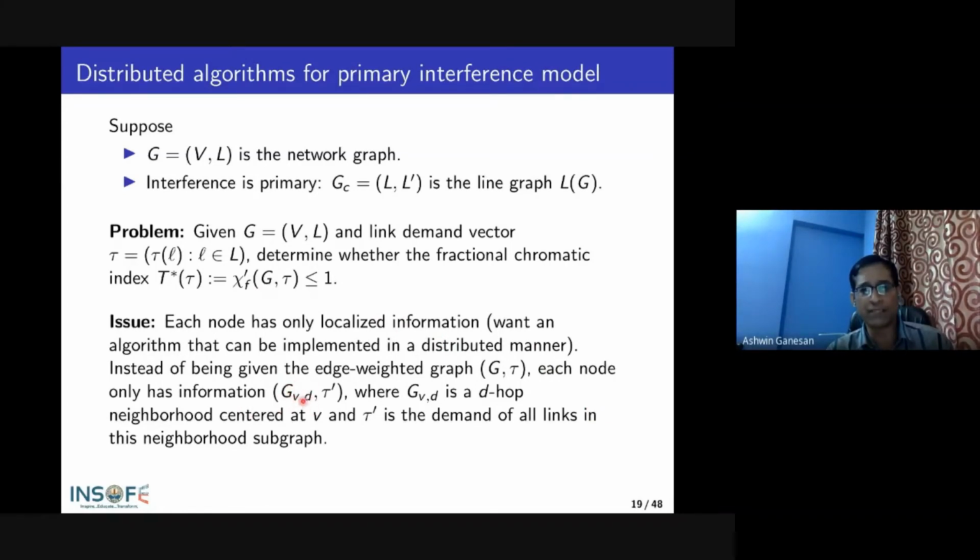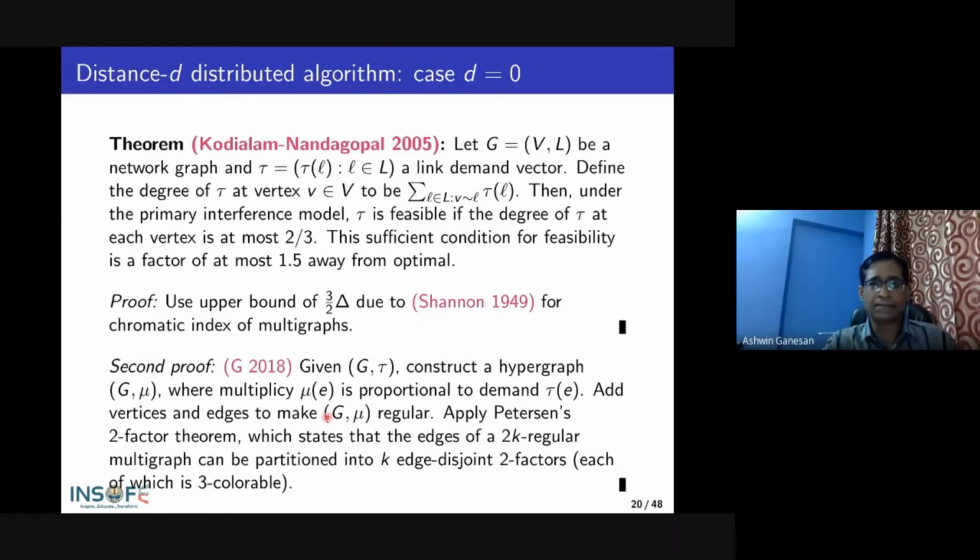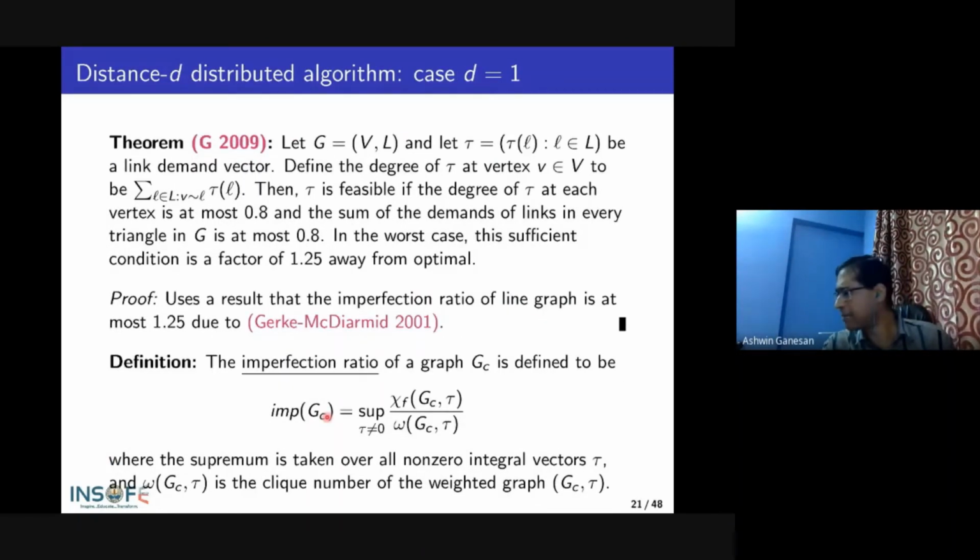G sub V comma D is the subgraph of the graph G consisting of all nodes whose distance to V is at most D. So this is the D-hop neighborhood subgraph of G centered at node V. So node V only has that subgraph and the demands of all the links in that subgraph. And I'm going to skip a bit here.